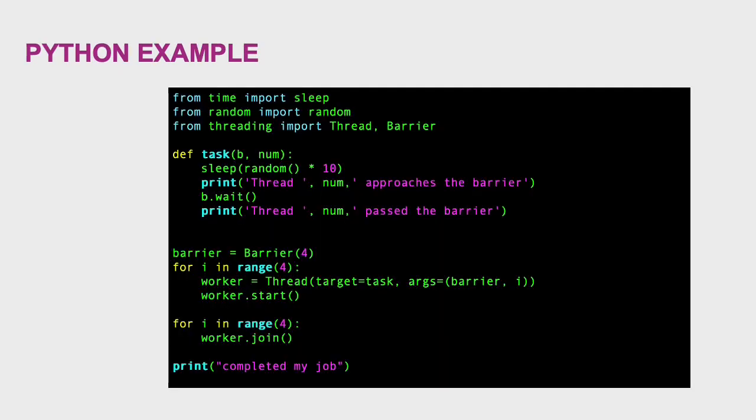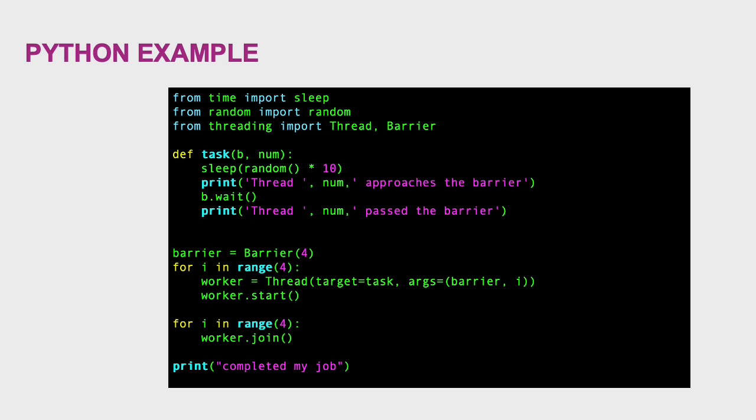It's time to get our hands dirty by analyzing some actual code. So let's start with this simple example. Let's start by analyzing the main function. Basically, we create a barrier and we set the number of threads that we have to wait for in order to pass the barrier.